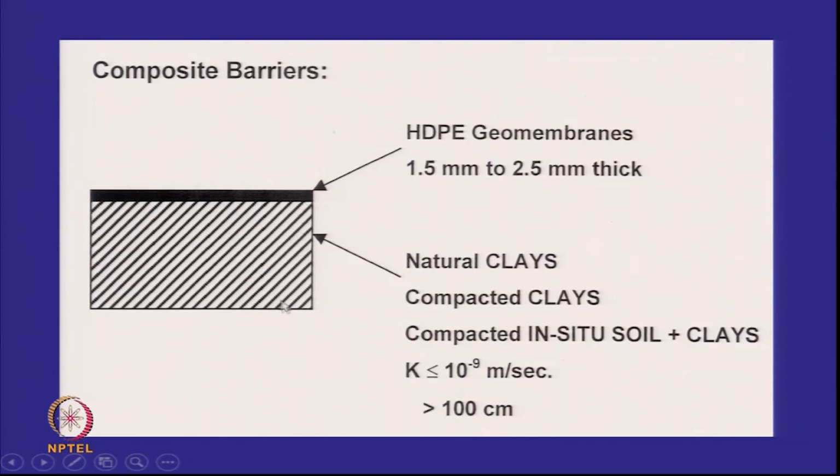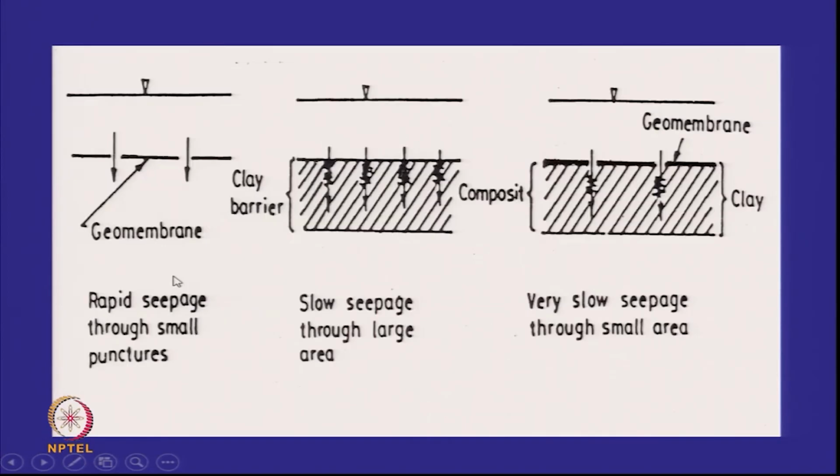And it rests on a clay which must be at least 1 meter thick. It must be compacted, and the permeability is specified. It should be less than 10 to the power of minus 9 meters per second or 10 to the power of minus 7 centimeters per second. This is called a single composite barrier or a single composite liner system.